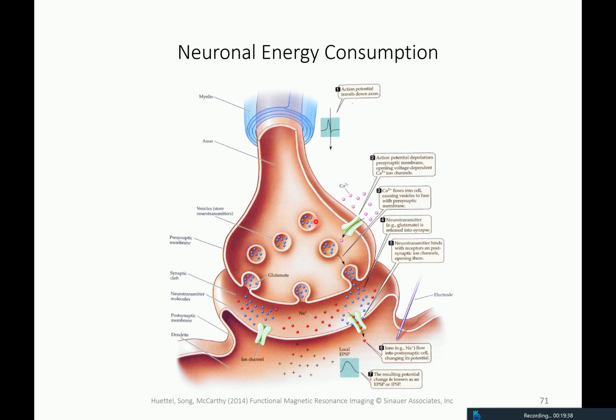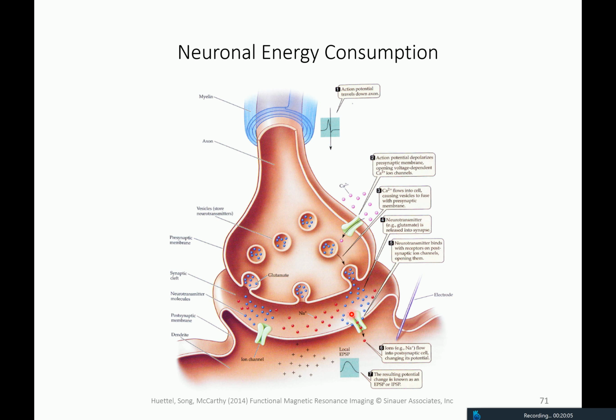One is, of course, forming the vesicles that then get released once an action potential comes and calcium gets into the presynaptic part, and these vesicles then basically fuse with the membrane and release the neurotransmitter, for example glutamate, and then there's stuff in the synaptic cleft.